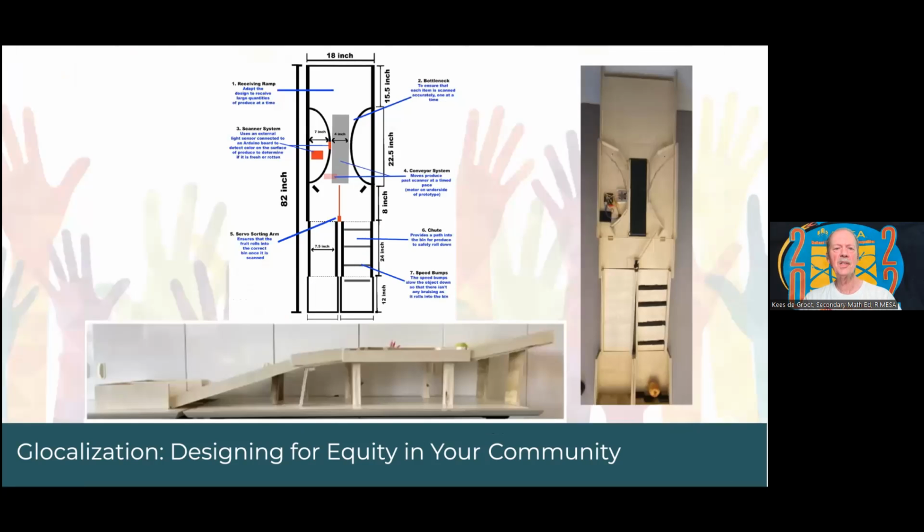So here you can see, I know this is very tiny, but the picture on the right is a top view, and the picture on the bottom is a side view. So you can see that it's sort of a ramp. Then the fruit slides on this black strip, if you look at the top view. They use the Arduino with a sensor to sense the color of the item.